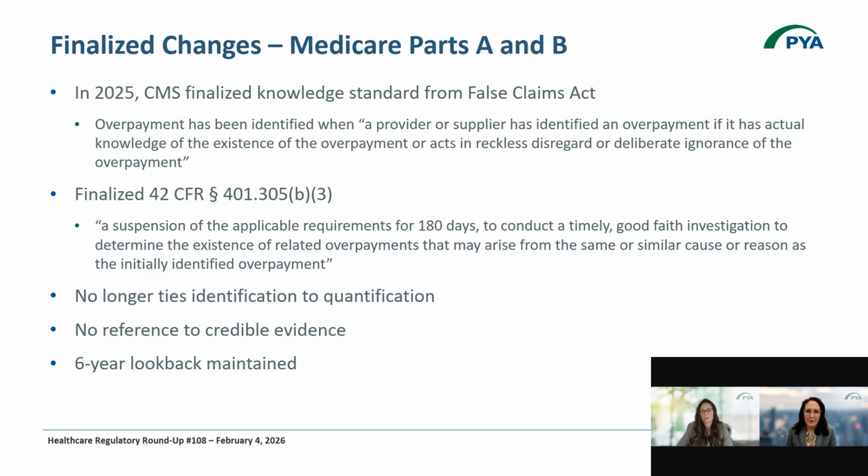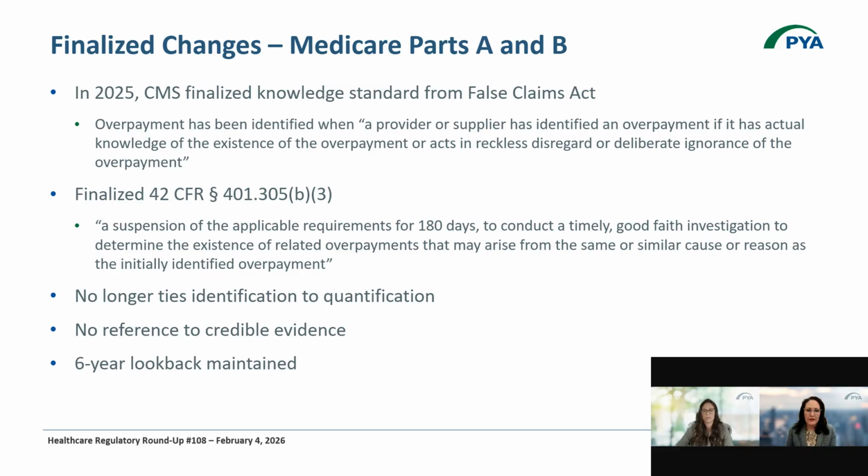So let's talk about the 60-day rule quickly. In 2025, we had a change from where we were back kind of 2010 to current, because they defined the identification of an overpayment based on the knowledge standard which is in the False Claims Act. So now when you know that you have an overpayment, that is when you have identified an overpayment.